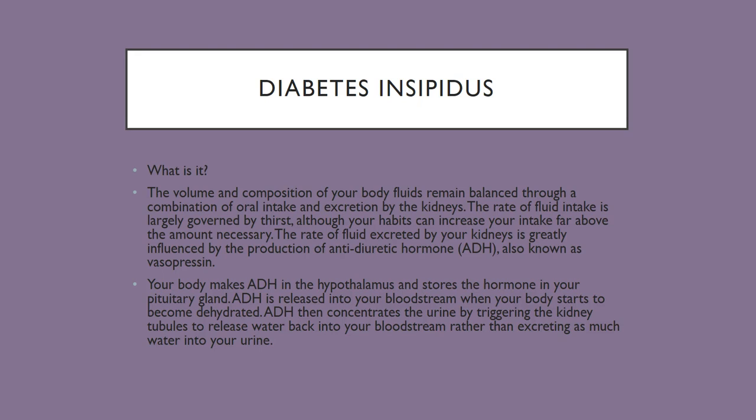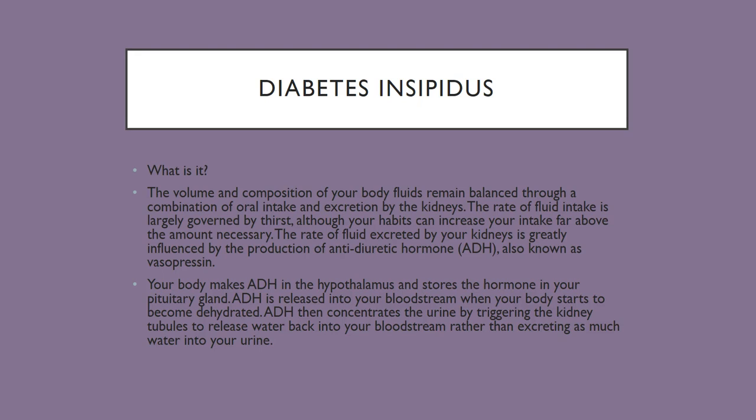You drink plenty of water to keep yourself hydrated. Anything more than that, you're going to pee it out. That's basically ins and outs, right? Now, if you go outside and it's 110 degrees and you're sweating up a storm, obviously you're going to need to drink more fluids, and you may have to drink a couple bottles as opposed to just one bottle an hour just to make sure that you're hydrated.